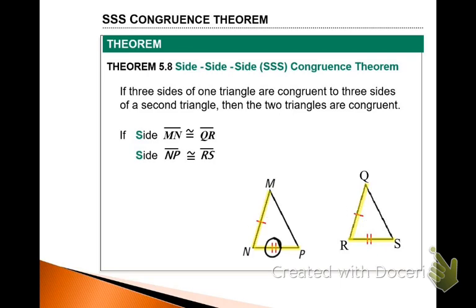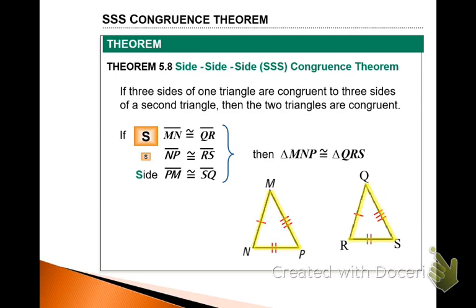The side with two tick marks is congruent to the side with two tick marks. Alright, so we have side, side. We need a third pair of sides, which would be PM and SQ. If they are also congruent, then this is enough information to prove that two triangles are congruent. So there's your side, side, side.